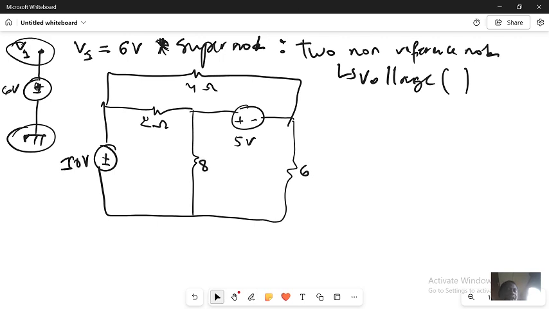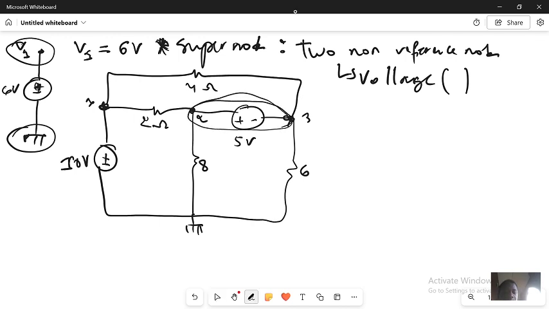Now, if we look at this circuit, let's say this is node 1, node 2, node 3. Here is the reference node. Now, this one is a supernode.